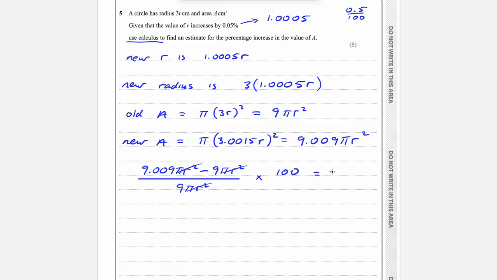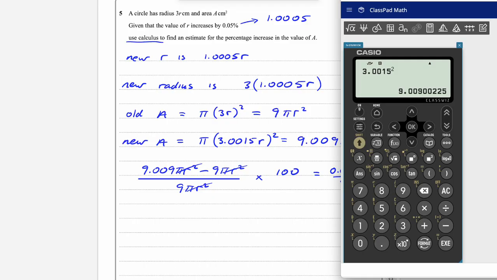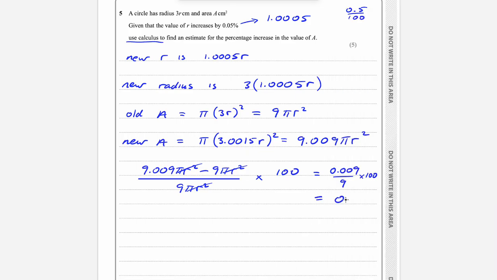This minus this is 0.009 over 9 times 100. 0.009 divided by 9 times 100 is 0.1.